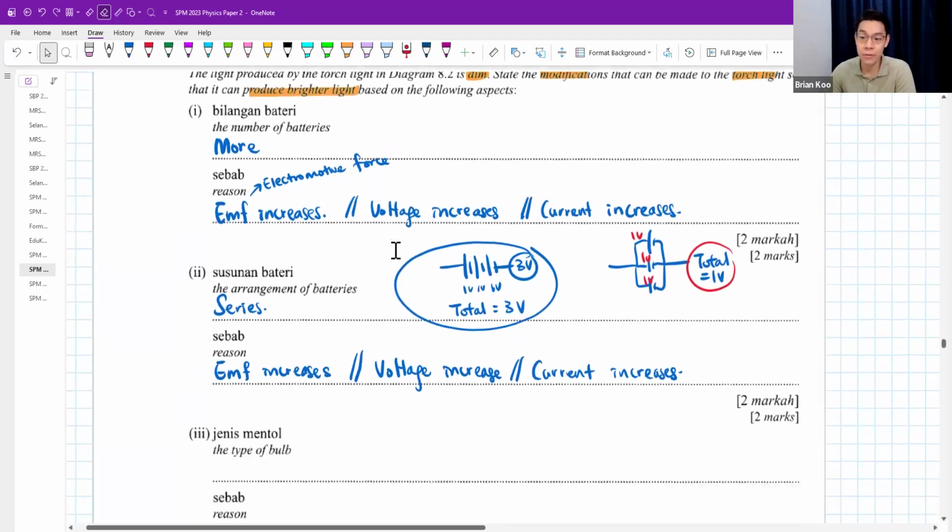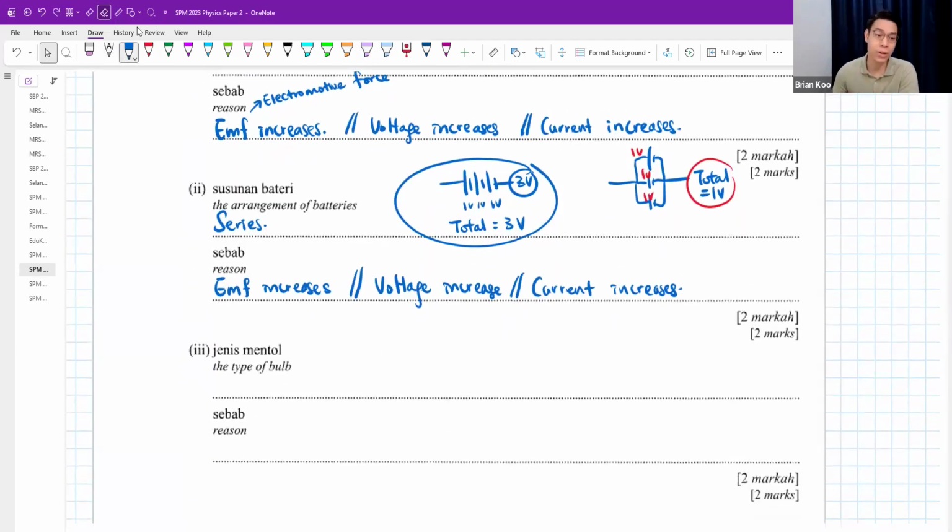Yeah. Type of bulb. There's one type you all need to remember: LED. If they ask you what kind of bulb, you write LED. Reason: because LED is very energy saving, or you want to say it can save a lot of energy. But people ask, teacher, what if I forget LED bulb? Oh, then you write an energy saving bulb also can.